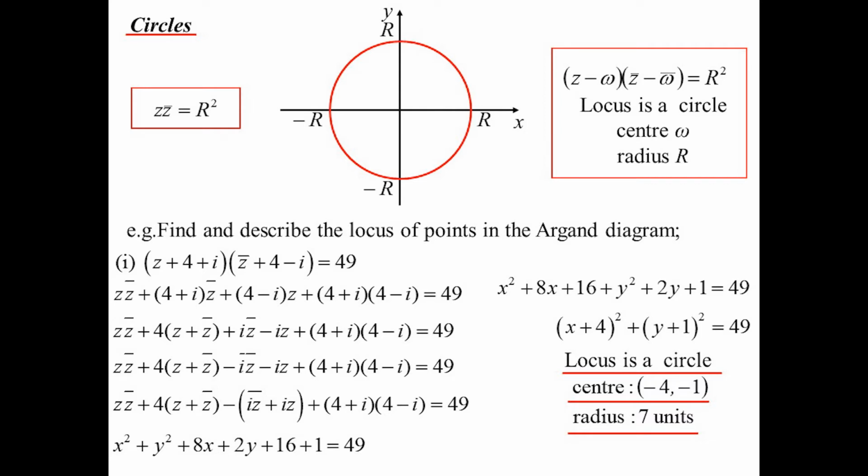So had I seen it from the first line, I'd say, oh, hang on, this is z minus (-4 - i), and here's the conjugate minus the conjugate of that. Then straight away that tells me the centre is going to be -4, -1. So if you spot that, you can save yourself a lot of working out there.